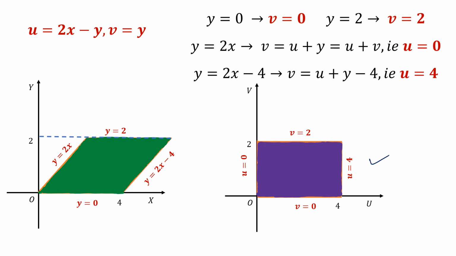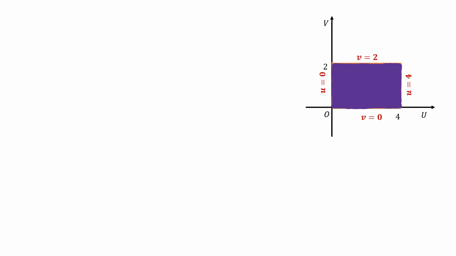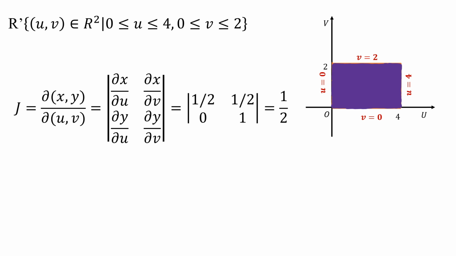Next thing is, when we use the change of variable, we perform the double or triple integration by changing the variable or changing the region of integration, we require the Jacobian. So in the next part, we will apply the Jacobian.